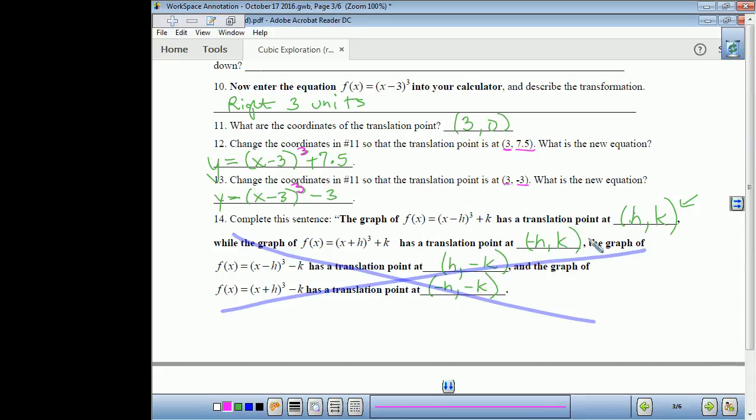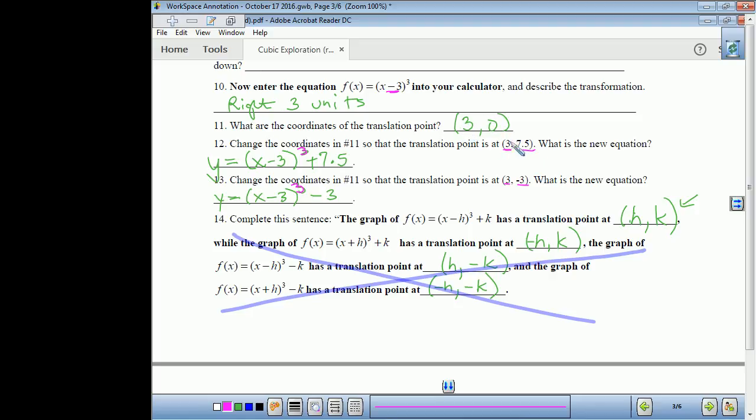All right, so we kept going, and now we're investigating what happens if I add or subtract something to the x. Well, just like with quadratic and just like with absolute value, it causes a horizontal shift. This one moves right 3 units because we always do the opposite. So that translation point is now at 3, 0.